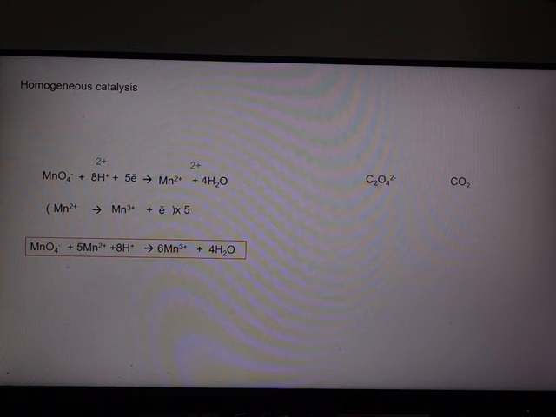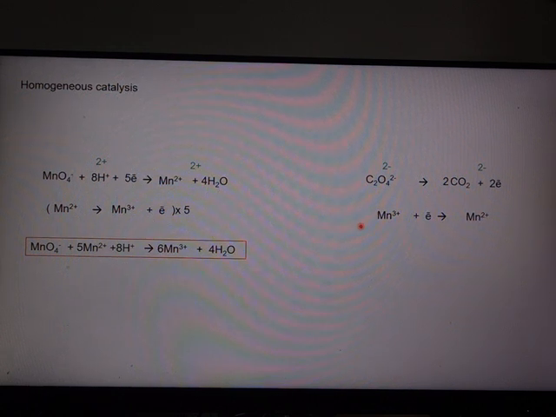So that's your ethanedioate into carbon dioxide. So we've already balanced that chemical reaction on the previous slide. And same here. I've got 1 electron and 2 electrons, so the lowest common multiple is 2, so I will need to multiply this one by 2.